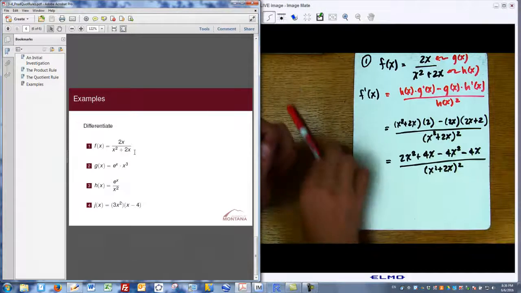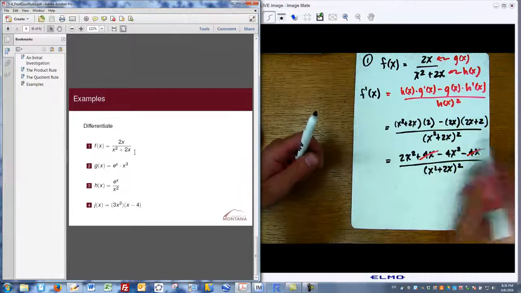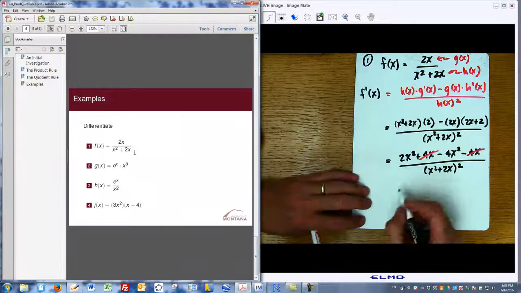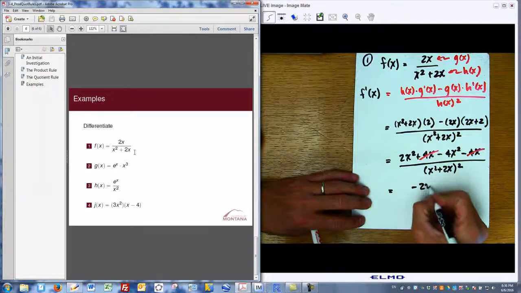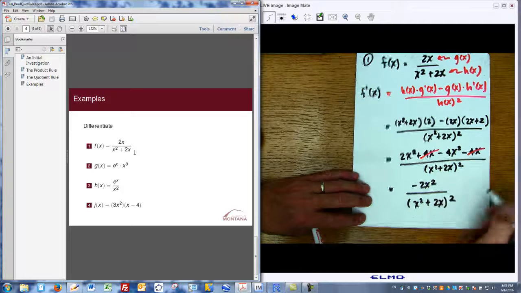What I do notice is we get some cancellation. The 4x and the minus 4x go away, and I have a 2x squared minus a 4x squared, so it looks like it'll be a minus 2x squared on top. And on bottom, I will just have x squared plus 2x quantity squared.